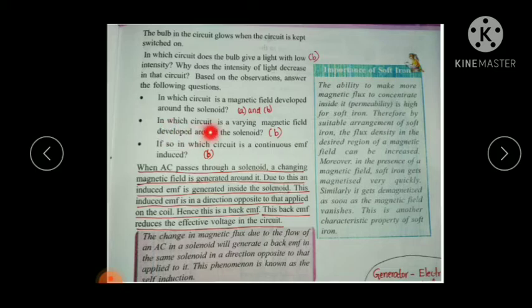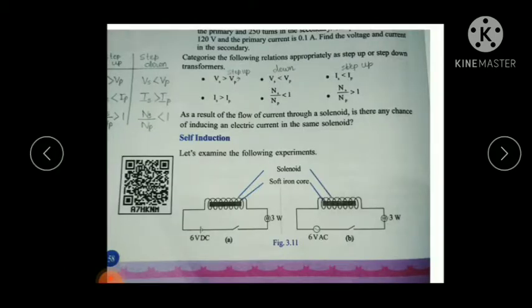In which circuit is a varying magnetic field developed around the solenoid? See, in both circuits there is a magnetic field, but in this circuit, since it is connected to AC, which means alternating current, a current which changes its direction at regular intervals of time, it will generate a varying magnetic field.